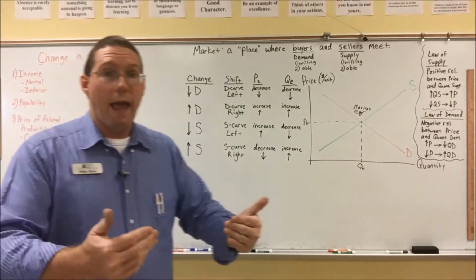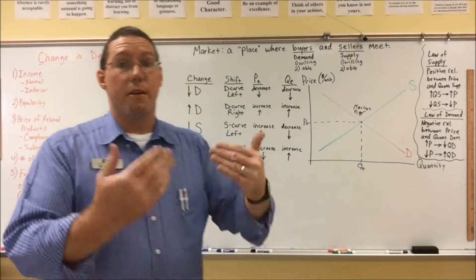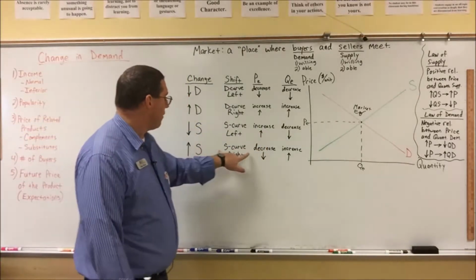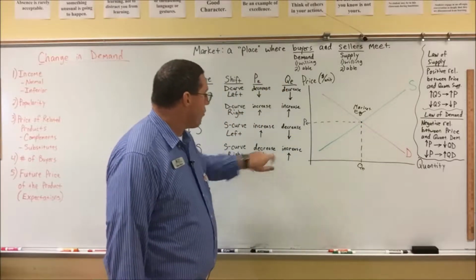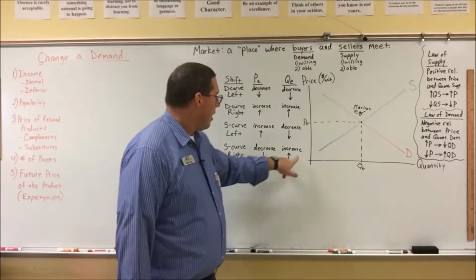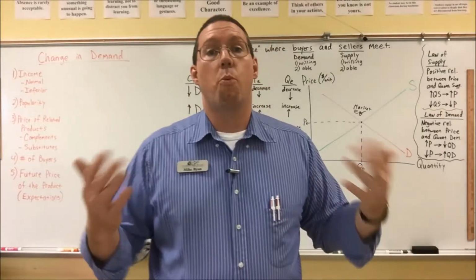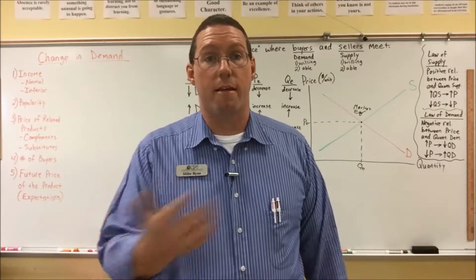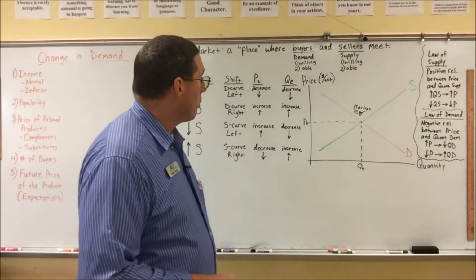When they are more able and more willing to produce and sell, that's an increase in supply. It shifts the supply curve to the right. Then we have a decrease in equilibrium price and an increase in equilibrium quantity. So that's where we're starting at this point. That's a summary of what we have learned so far about market graphs.